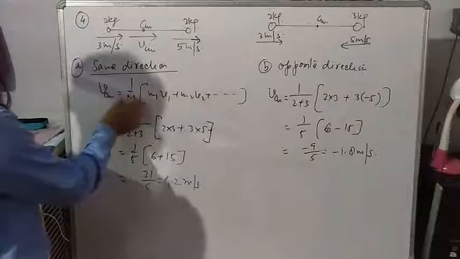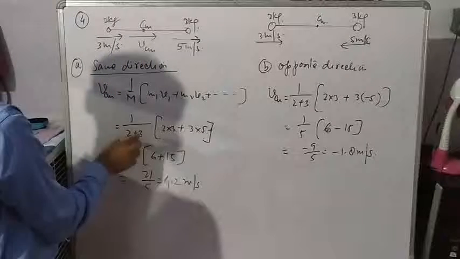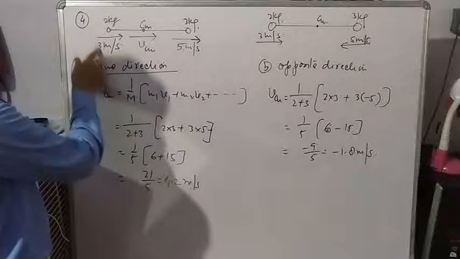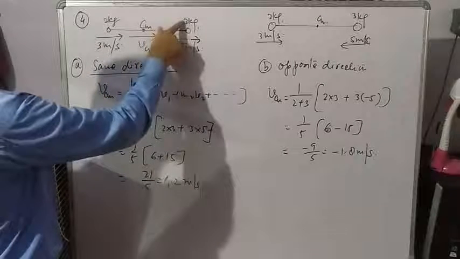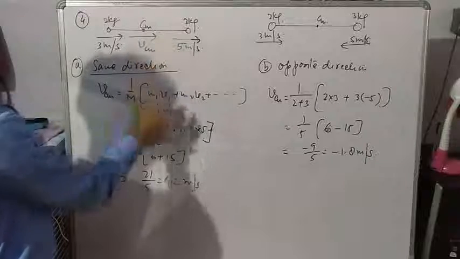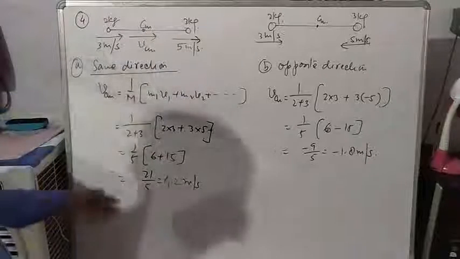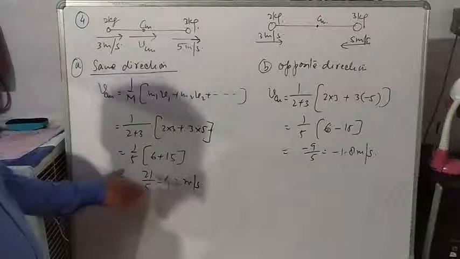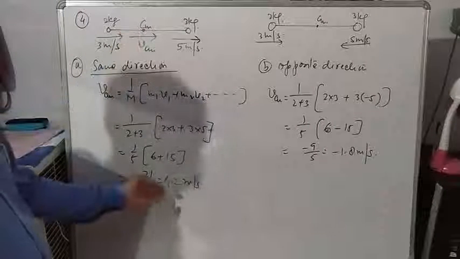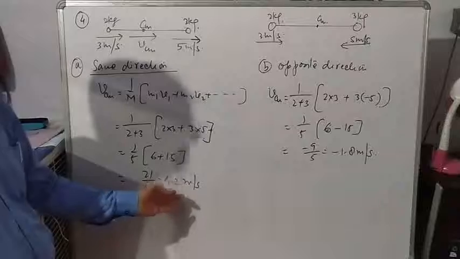Capital M is the total mass, that is 2 plus 3. It is m1 2, v1 3, m2 3, v2 5. Put all the values, do calculations. You find the center of mass is moving with velocity 4.2 meters per second.